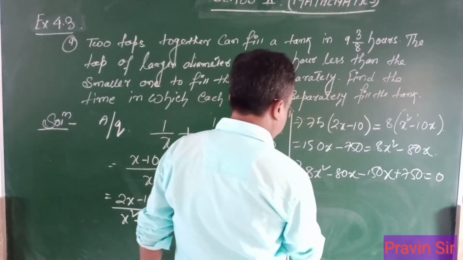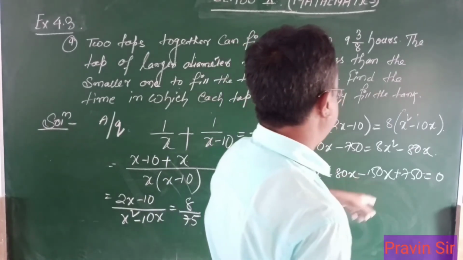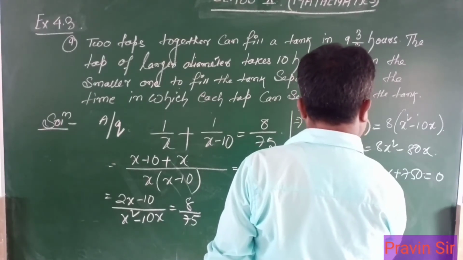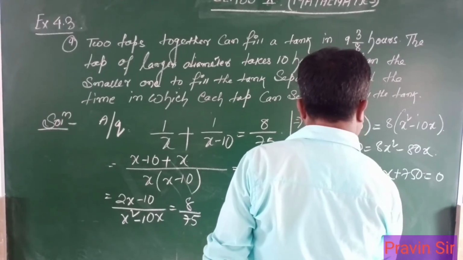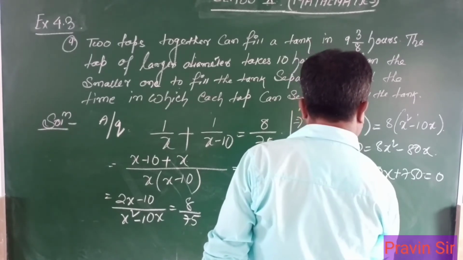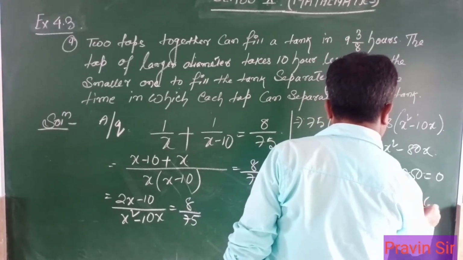So it implies 8x square, minus 80x minus 150x is minus 230x, plus 750 is equal to 0.